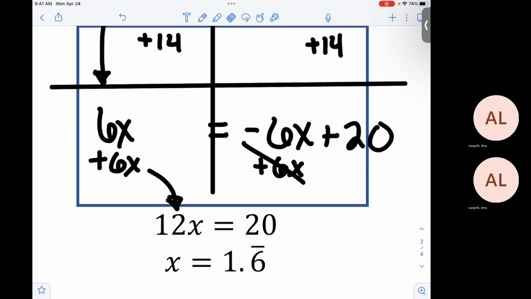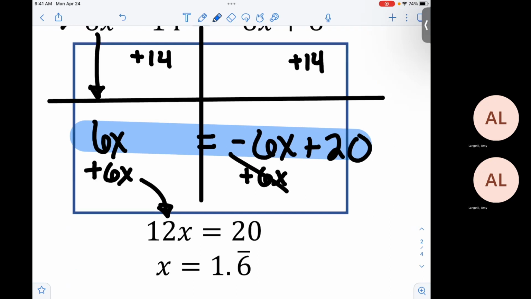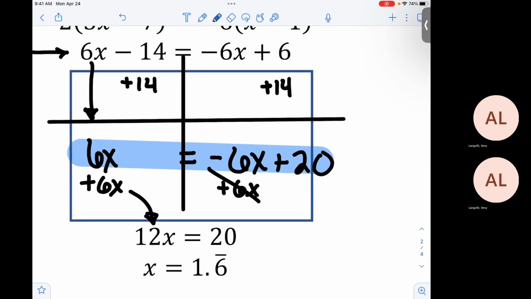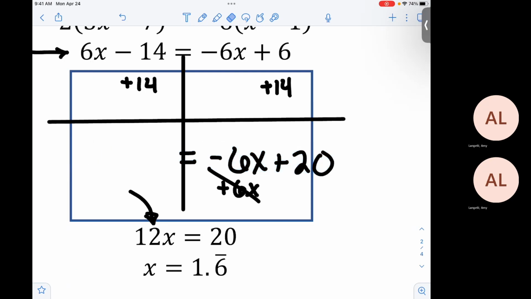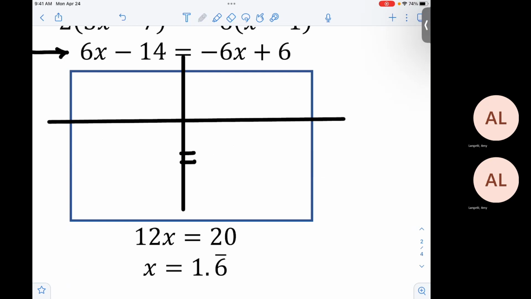So if the keystones are asking for the missing step, this blue highlight would be the missing step. However, they might have moved the x first. I wonder if I should just show you that. If you guys have that written down, that's fine. But let me just show you one other thing, just in case they do something different. Watch. We decided to add 14.